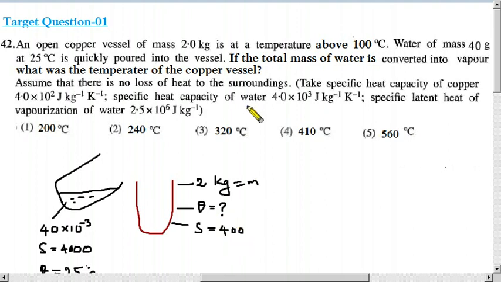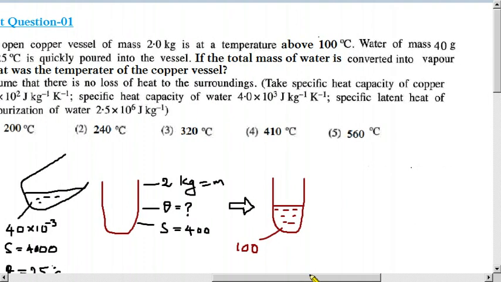So what happens if the total mass of water is converted into vapor? The first step is that this total amount of water should increase its temperature to 100. Thereafter it can convert into vapor, but first of all it has to be heated up to 100 degrees without change in its state.